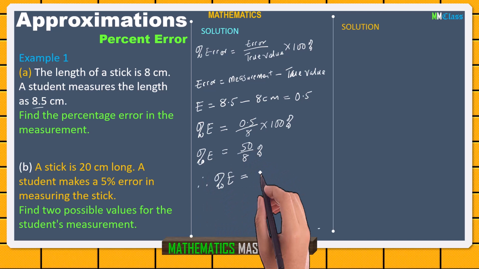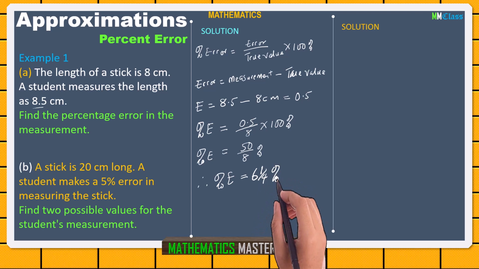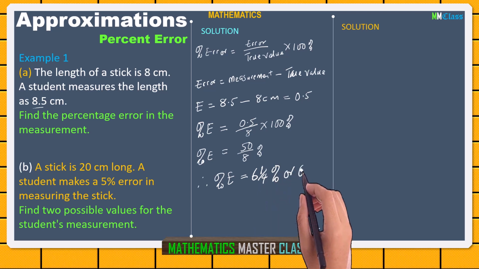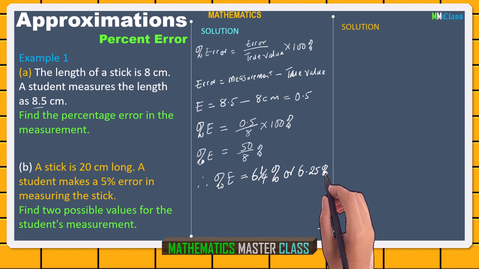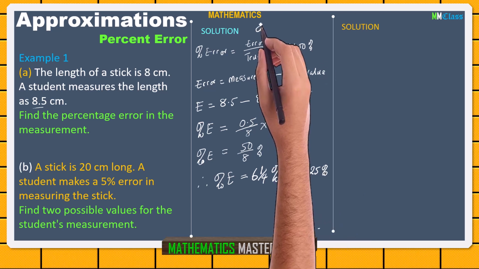So percentage error therefore is equals to 6 whole number 1 over 4%, or 6.25%. So this is how to calculate percentage error. This is A. We have answered A.